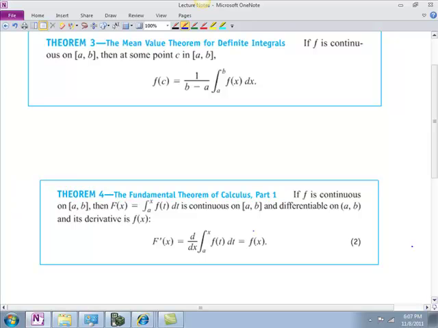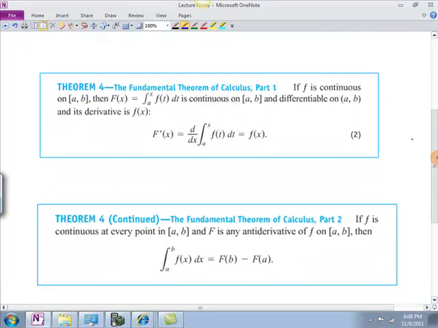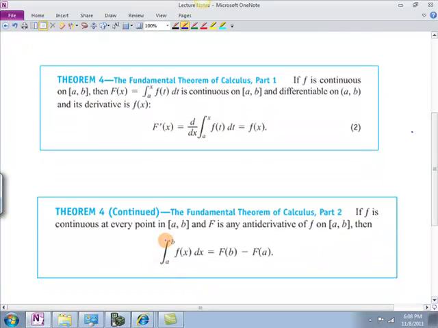What we're going to say is that we can figure out the integral and we can evaluate it by using this theorem. Right down here is the rest of it. It says the integral from a to b is equal to F of b minus F of a.